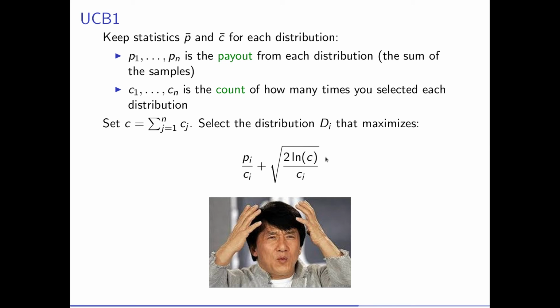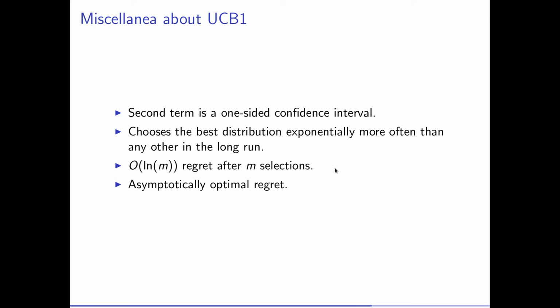So recall that this pi over ci term is the average payout from the samples that we've seen so far. And this part is a confidence interval around that mean that says how certain we are that the true mean is within that range.